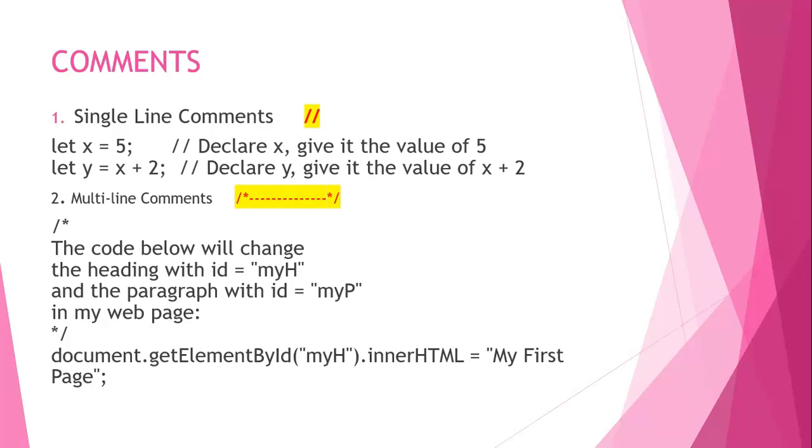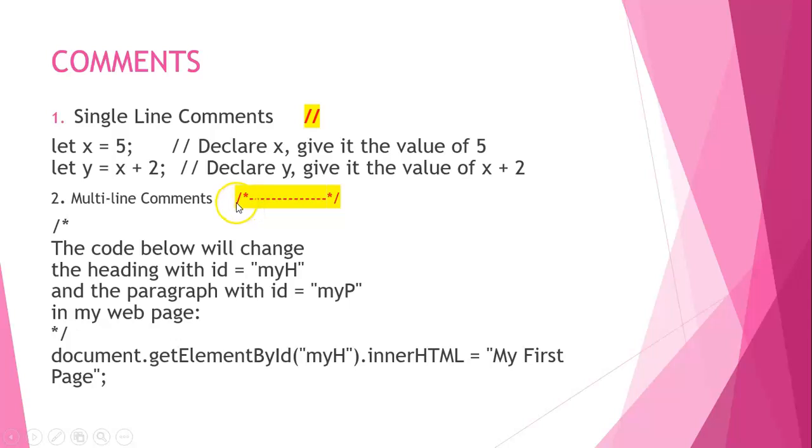Now look at this. We have what we call a single line comment. As you can see, those are double forward slashes. Those double forward slashes mean that you are making a comment which is only going to span a single line. On the other hand, look at this.